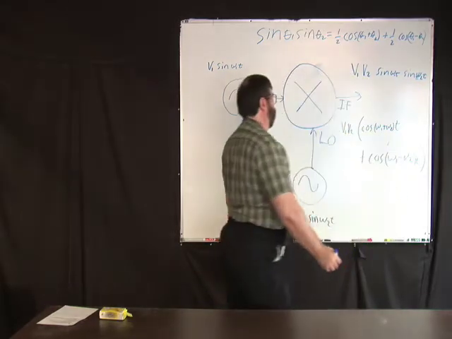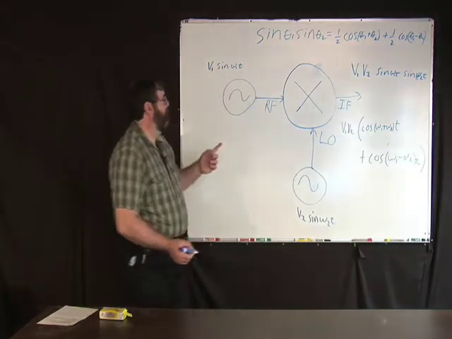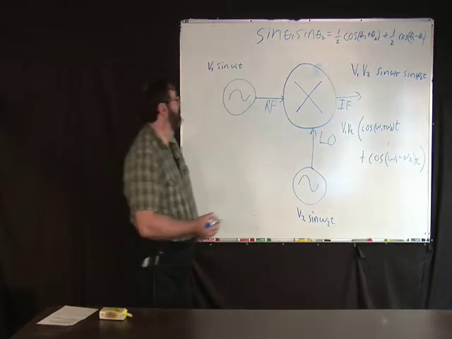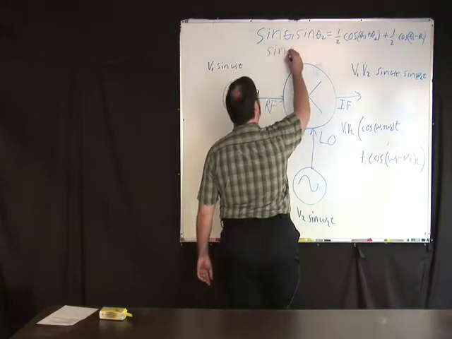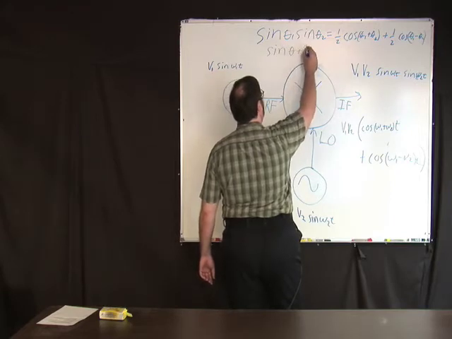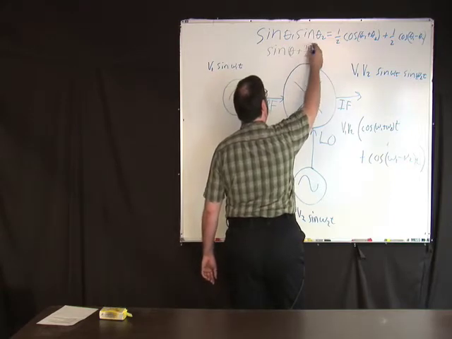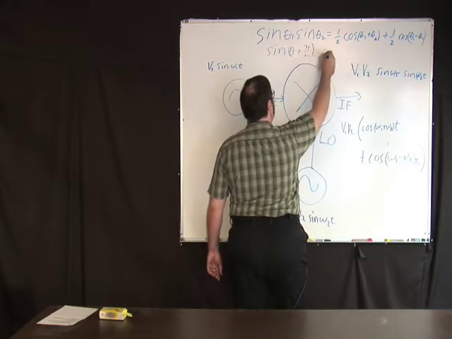Now, another thing you can know from trig, sine of theta plus pi over 2 radians equals cosine theta.